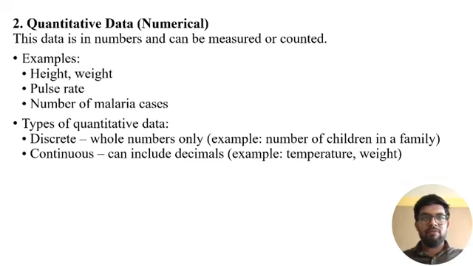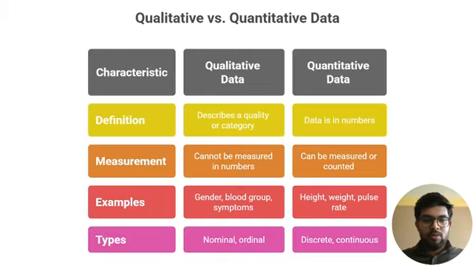Some may have a whole-number weight, but it could be 78.2, which would be rounded to 78, but exactly it is 78.2. For another obese patient, it could be 102.3 or 102.4, which can be rounded, but the real measurement was 102.3 or 102.4. This way of getting decimal points is accounted as continuous data. So that is qualitative and quantitative. Here is a summary of the difference between qualitative and quantitative data. I hope you understand.